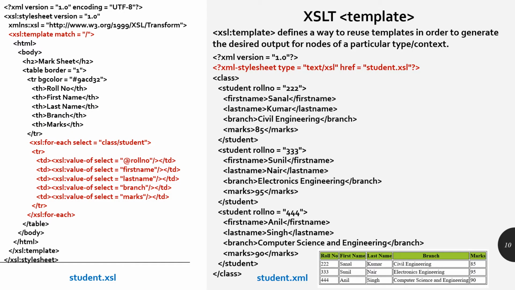Now we are going to discuss XSL template. Template defines a way to reuse templates in order to generate the desired output for nodes of a particular type. Here the advantage is this is our XML file and this is the style sheet.